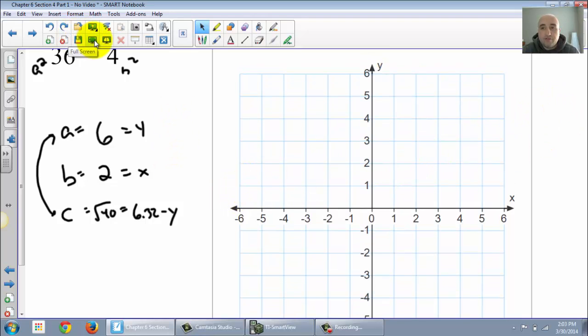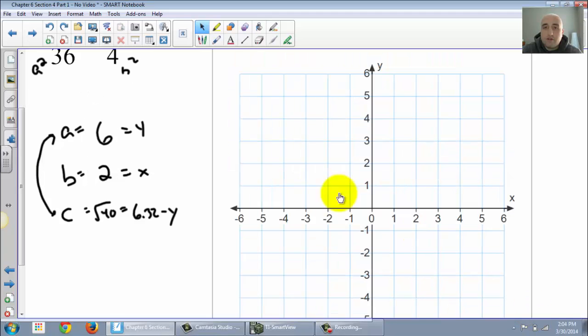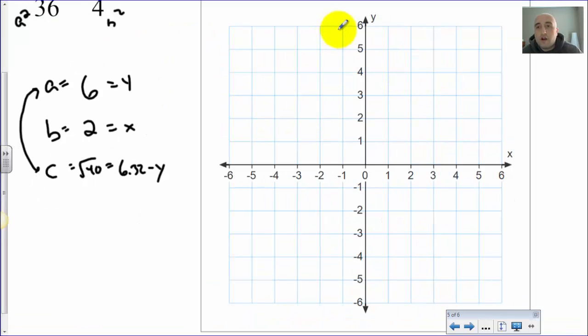I'm going to make the screen bigger for right now, so let's remember these numbers here. Alright, so we have, I apologize, I'm trying to do this as best as I can. Alright, so our A is 6, our negative A is negative 6, our B is 2, and negative 2.